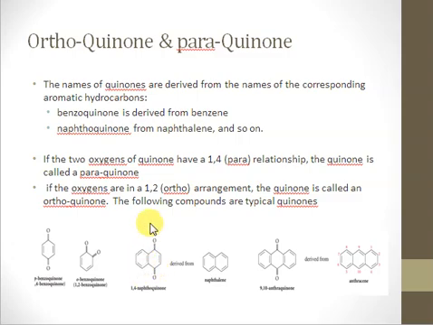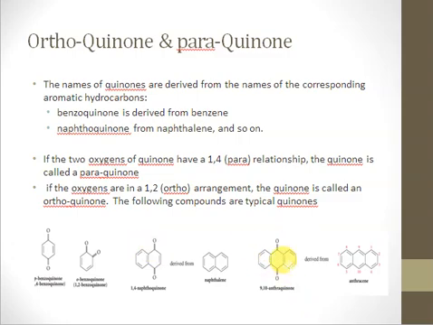Now we have this one, derived from naphthalene, so it's called naphthoquinone. If these oxygens have a 1,4 relationship, these are known as 1,4-naphthoquinone, and if they had a 1,2 relationship, they would be ortho-naphthoquinone, right?